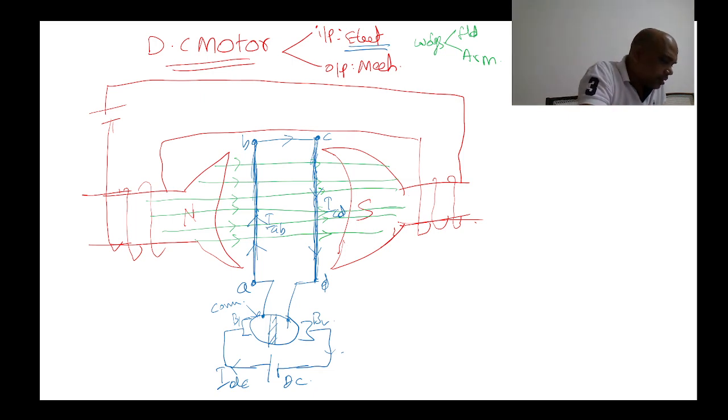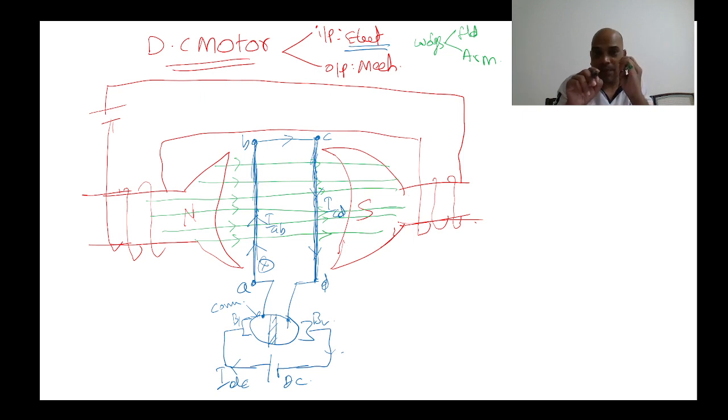So let us say in conductor AB the current is a cross, meaning initially here current is leaving. But after half rotation, what happened? Current is entering. Clear?